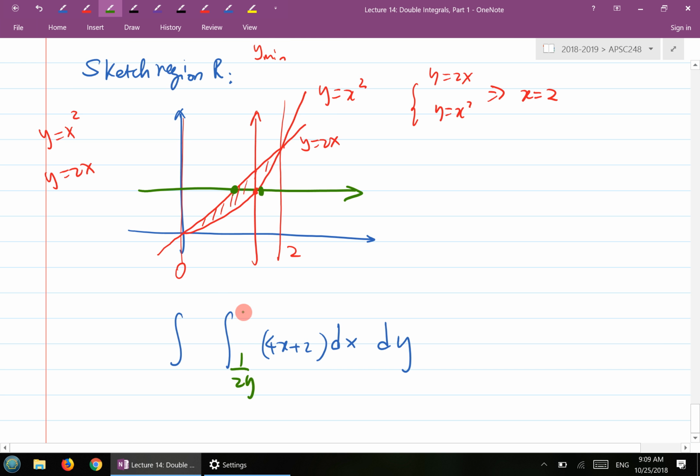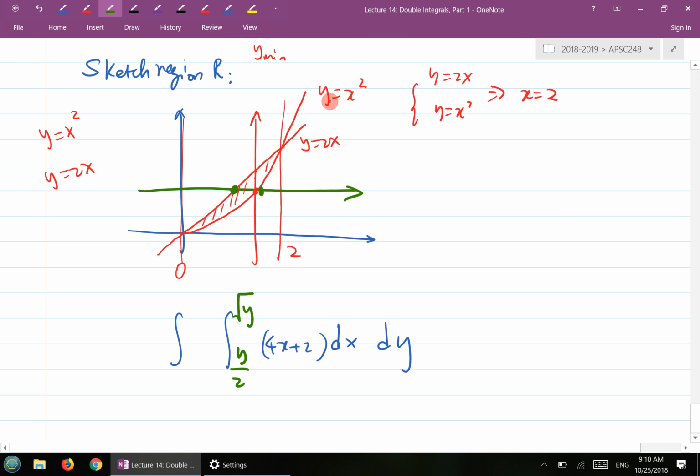It depends on this curve here, y equal to x squared. So x max is square root of y, because you're not going to have a negative number here, so this is all positive. So x equal to root y is your x max.